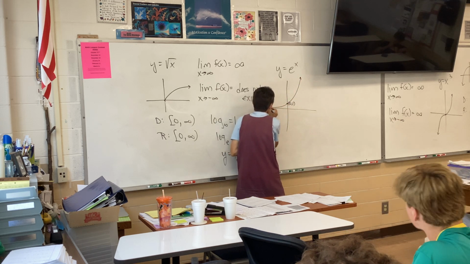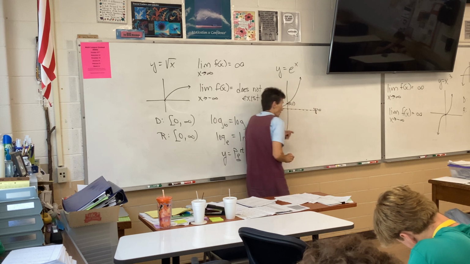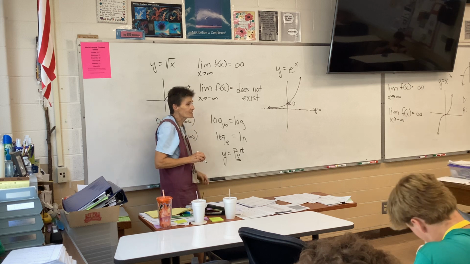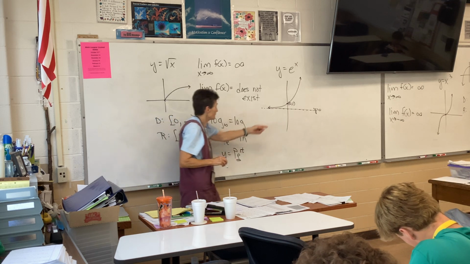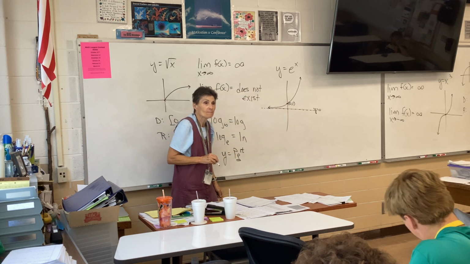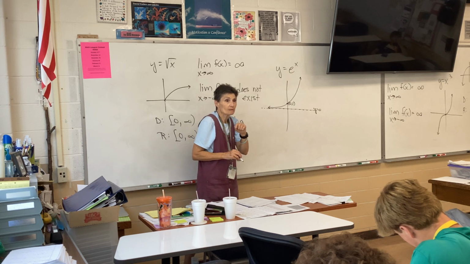It has a horizontal asymptote at y equals 0. Can someone explain that to me? Why is there a horizontal asymptote? Why doesn't this thing keep going down or something? Even at the 0 power, it's 1. So the negative powers don't go to 0.